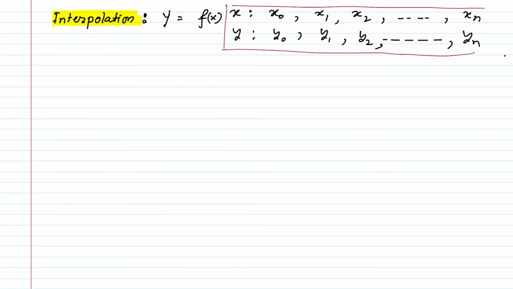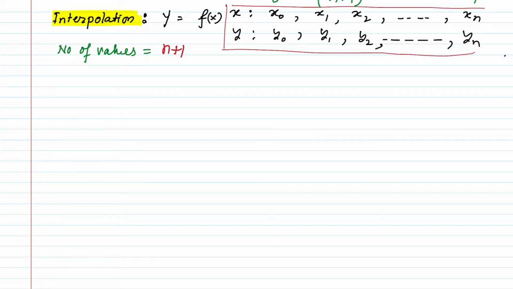Now here you see, starting from x naught, from 0 to n, there are n plus 1 values in this given set of observations.